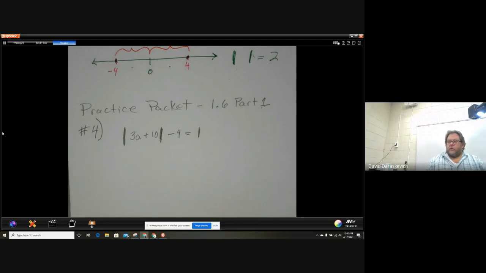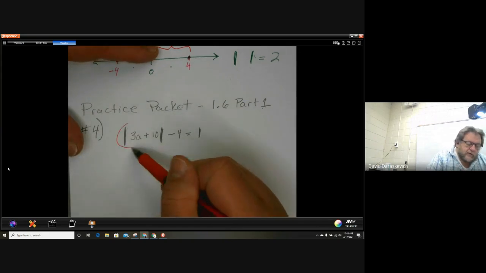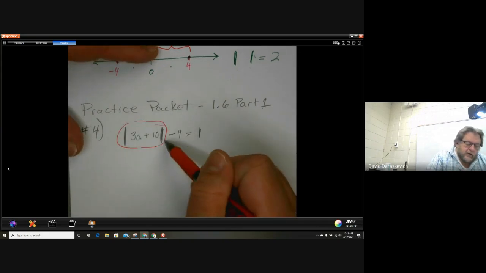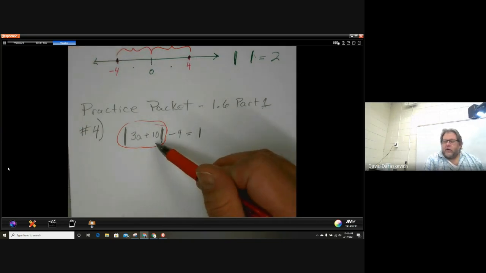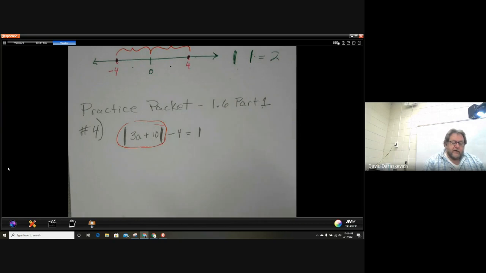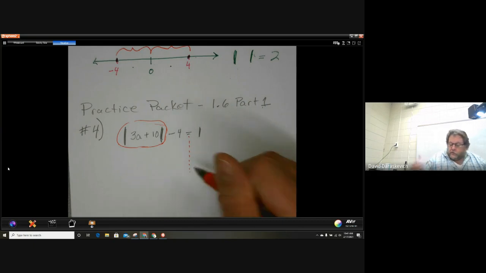All right, so with any mathematical problem or equation or inequality, whether it's in parentheses or a radical or something, you're always gonna want to get that term by itself. So right now I'm subtracting 4 from this term on the same side of the equal sign. So I want to get rid of that 4 or undo it.